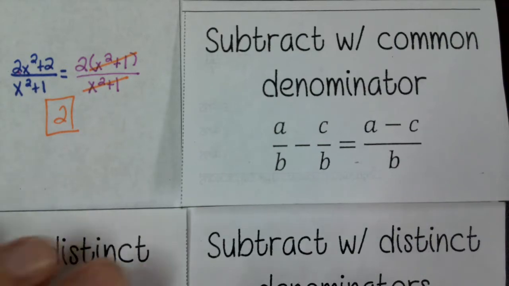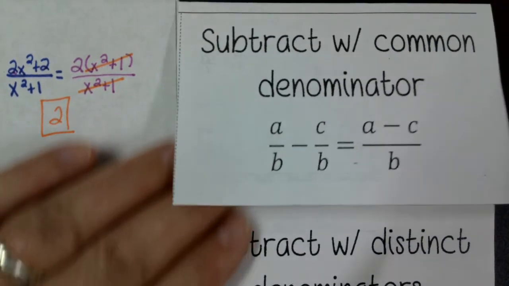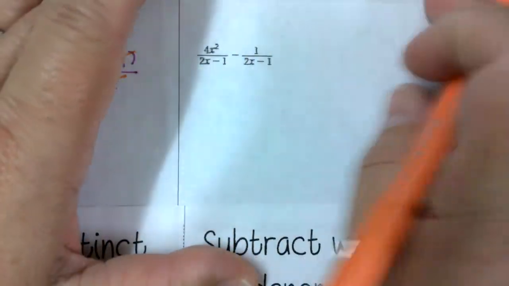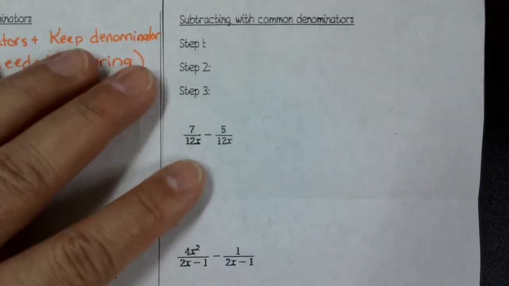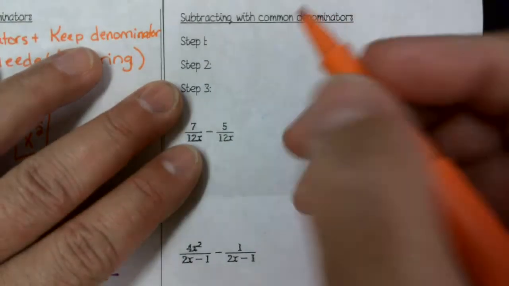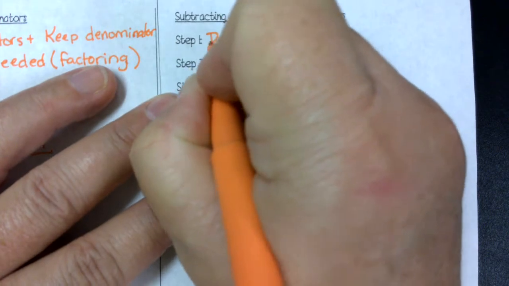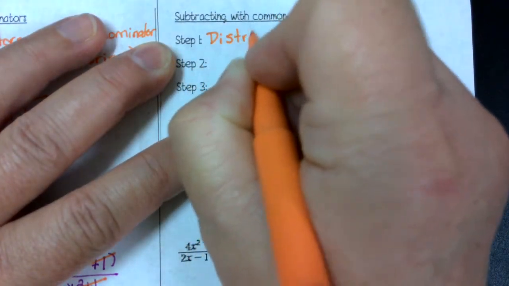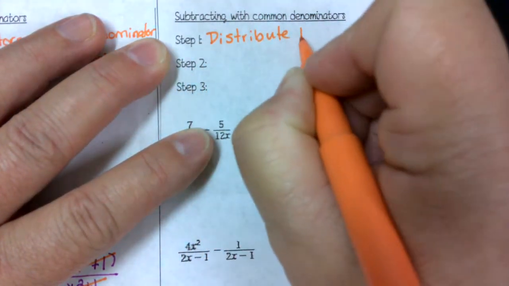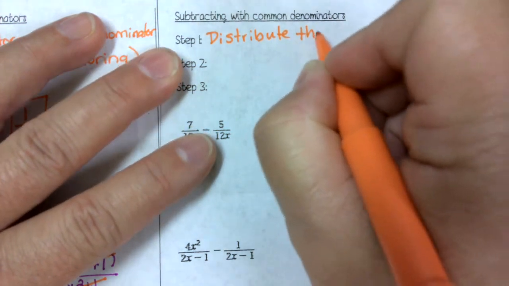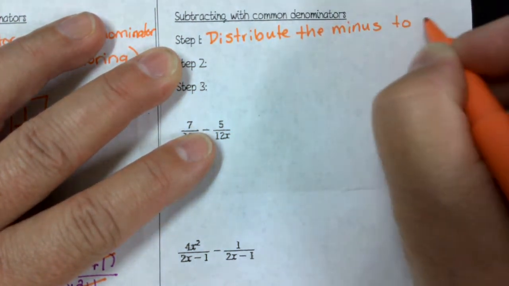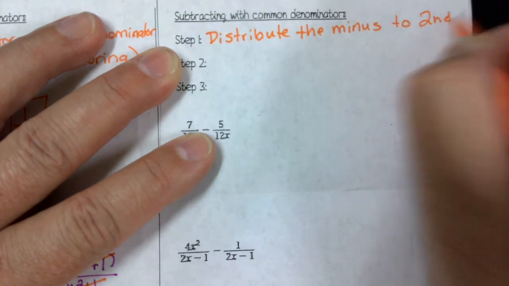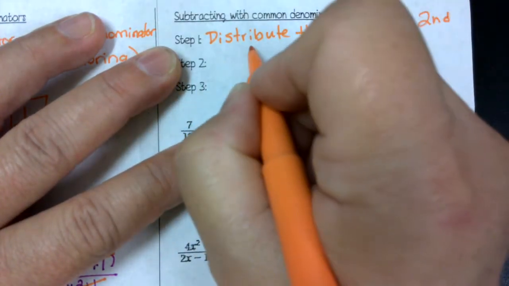So subtracting with a common denominator is the same, but we do have to be careful with the subtraction symbol. Sometimes that might require us to use a distribution or something. So that's the first step I always tell students to do. We want to distribute the minus sign to the second expression.